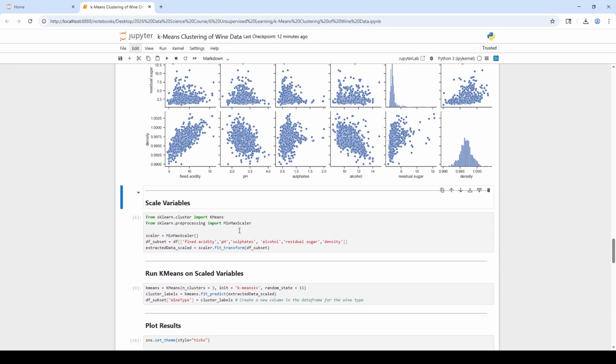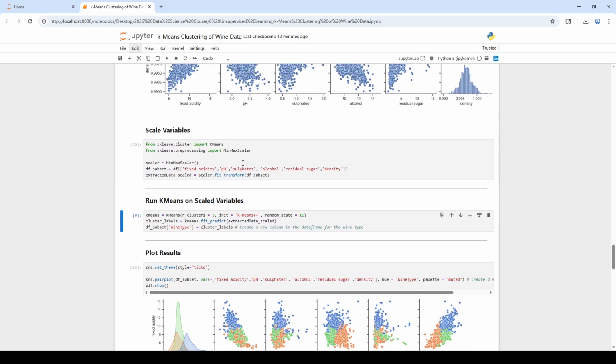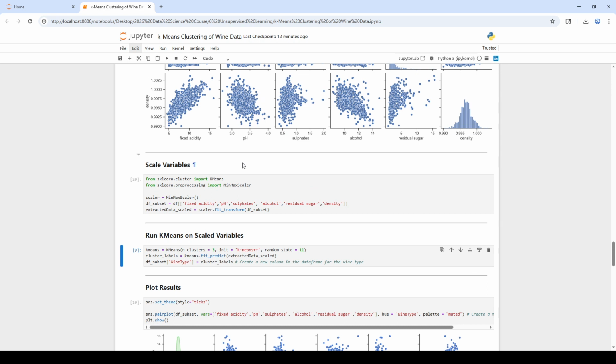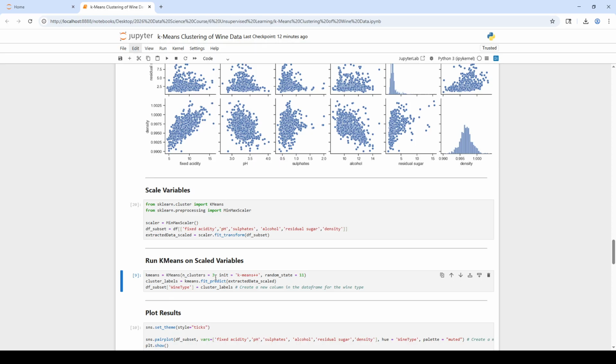As with most machine learning algorithms, we scale our data. In this specific case, I'm using a min-max scaler, and I'm specifically using something called k-means, which is an algorithm for unsupervised clustering. I'm asking the algorithm to find 3 clusters. So we'll go ahead and find 3 clusters.